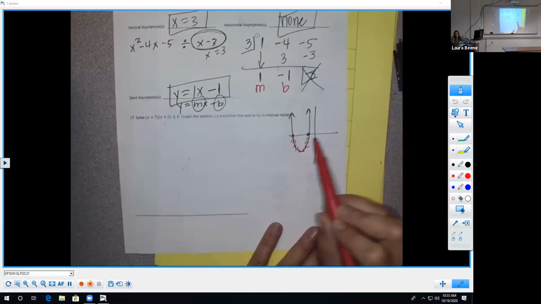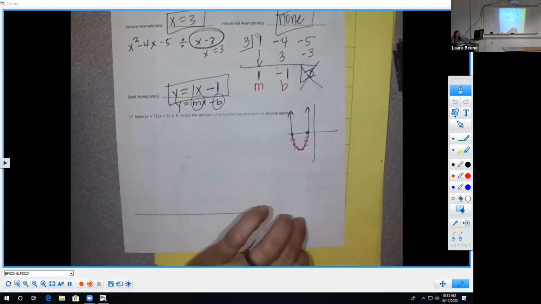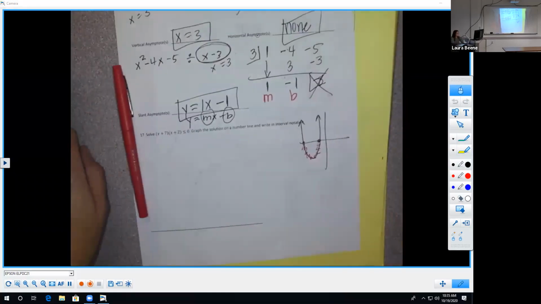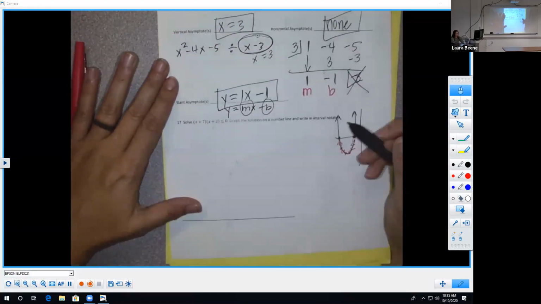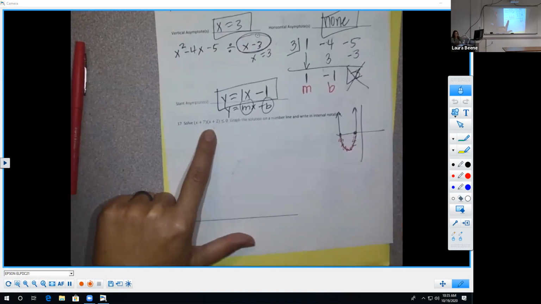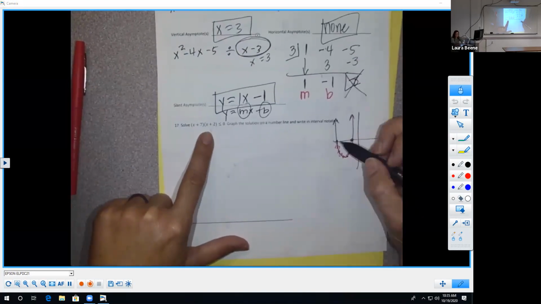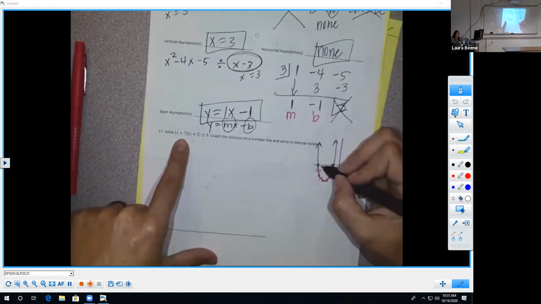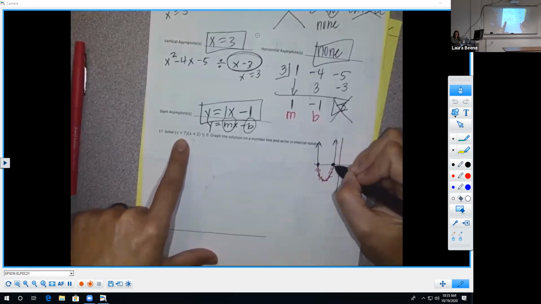You write this piece in interval notation. Sometimes they're not quite so easy just to look at the graph and do it. So the way to do it a little bit easier is to use some test points. The graph changes from above the x-axis to below the x-axis at the x-intercepts. Would everybody agree?